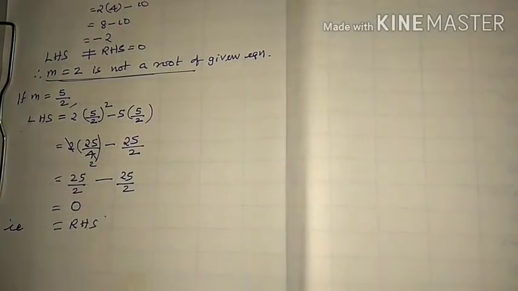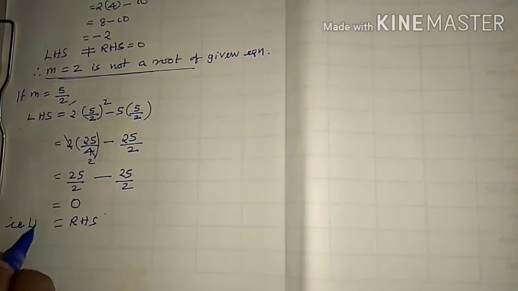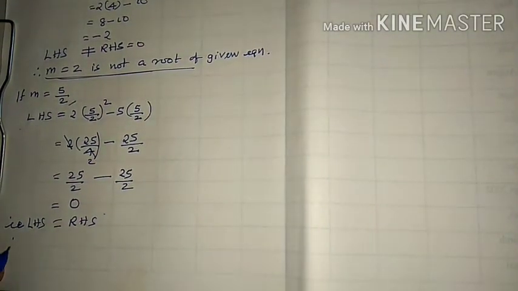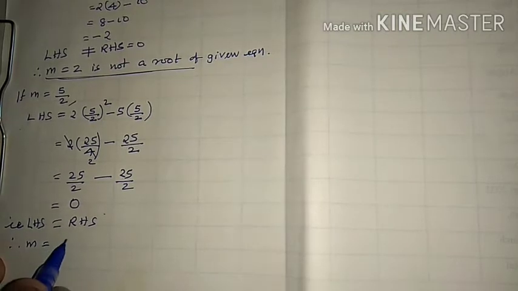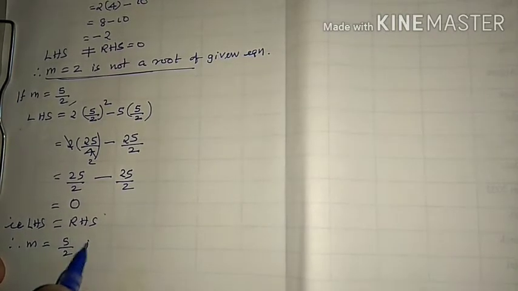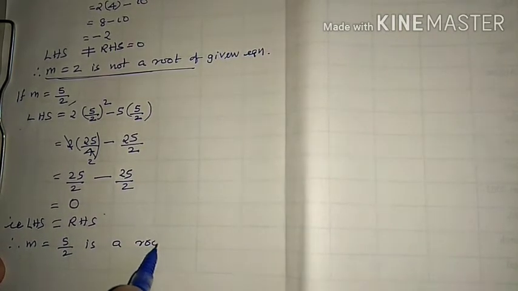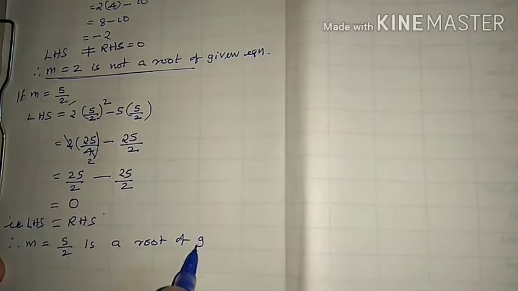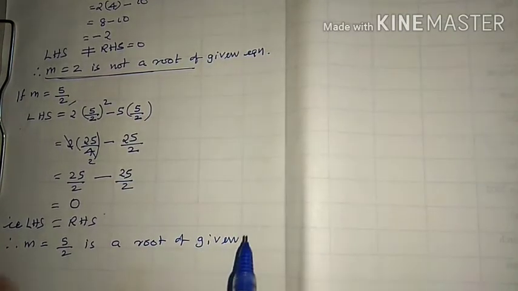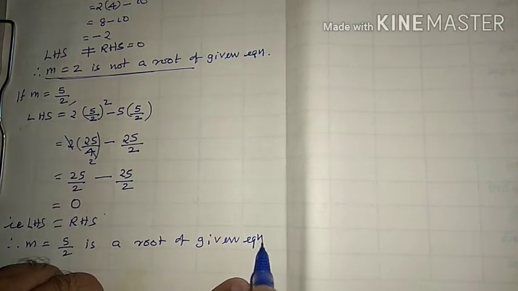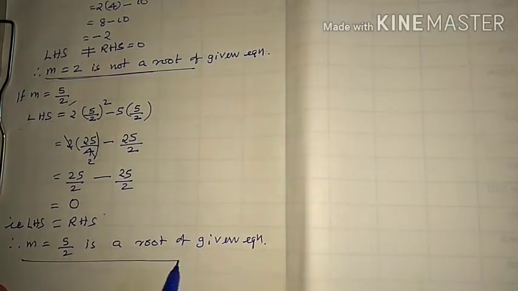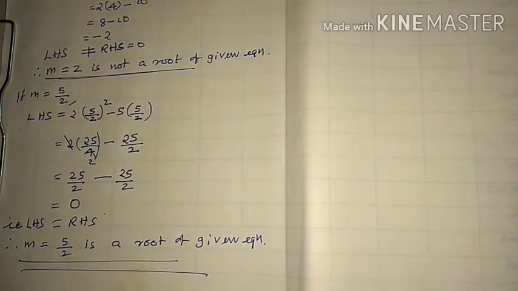That is, left hand side equal to right hand side. Therefore, m equal to 5 by 2, the given value, is a root of the given quadratic equation. This is question number 4.